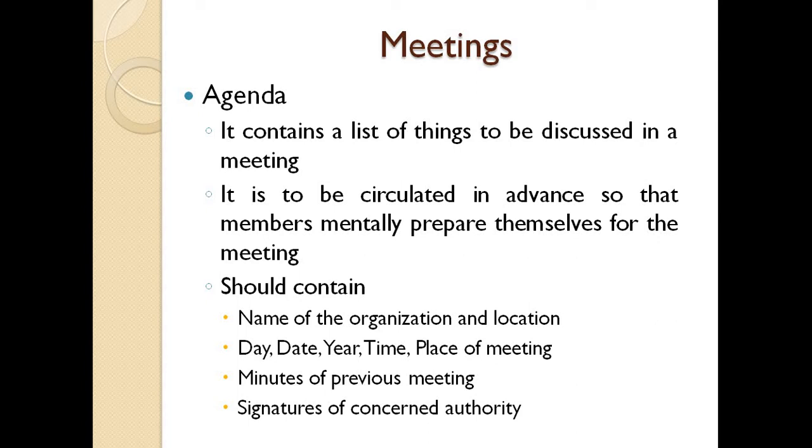Otherwise, you can't just walk into a meeting without knowing why you have come. So your agenda should contain the name of the organization and location, day, date, year, time, place of meeting, minutes of previous meeting, and signatures of concerned authority.